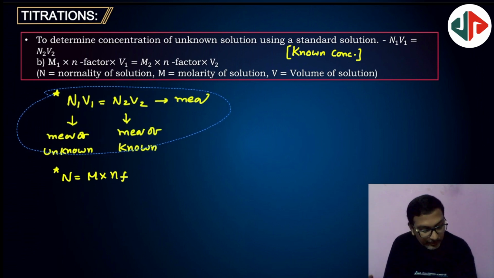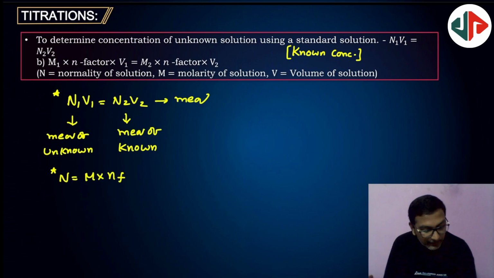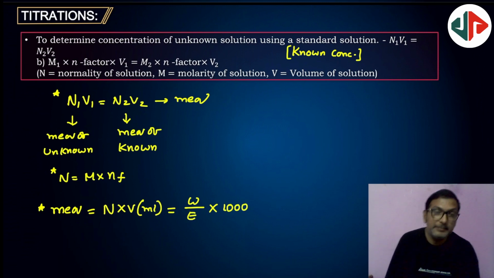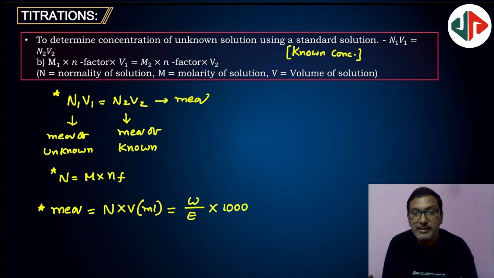In place of milli-equivalents, we can write normality into volume in ml, or one more formula: weight by equivalent weight into 1000. Remember this. W is weight. So based on the problem, we can use normality into volume or weight by equivalent weight into 1000.